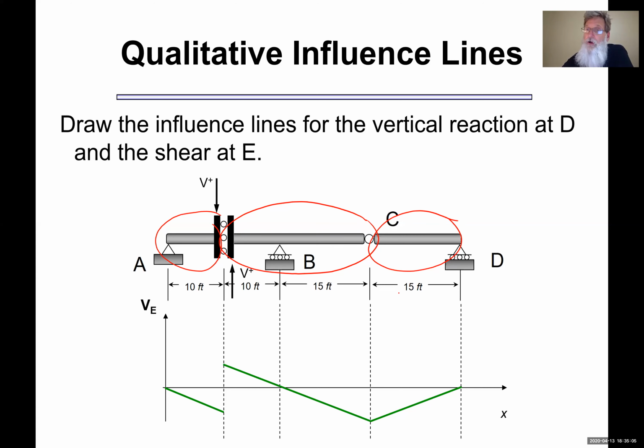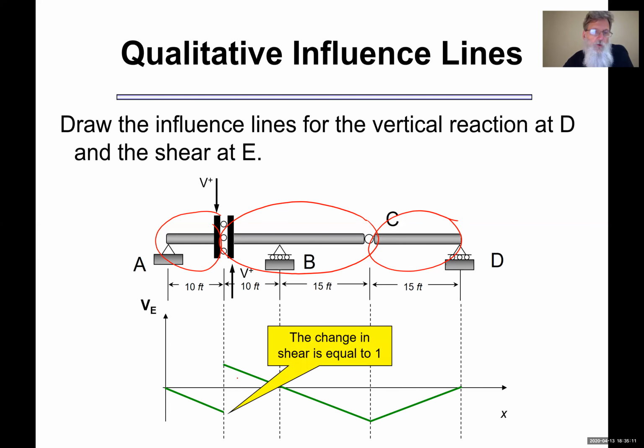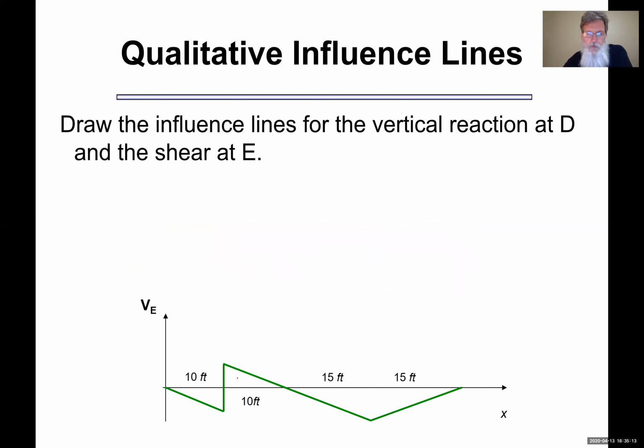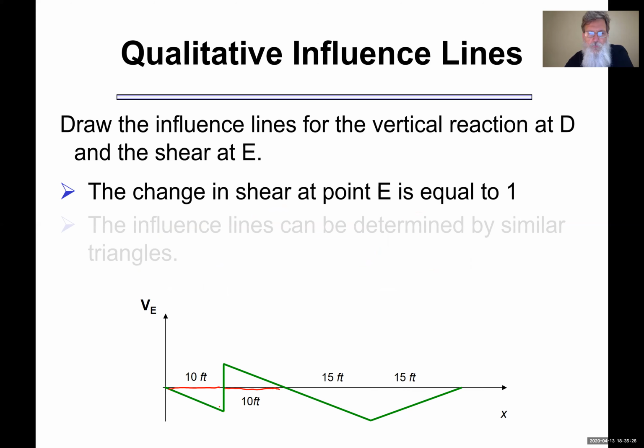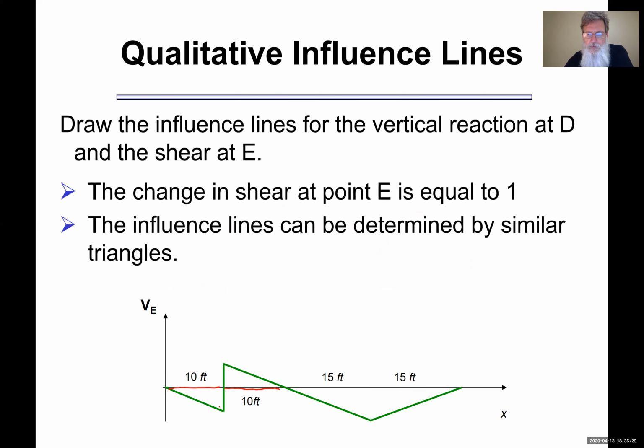Now we do have values here, so we can now look at numbers. So I know that is a change of 1. Then what are we going to do? Well, this and this are equal, 10. That means the heights have to be equal. So that means those values have to be 1/2. 1/2 plus 1/2 is 1. Now, how do I find this guy?